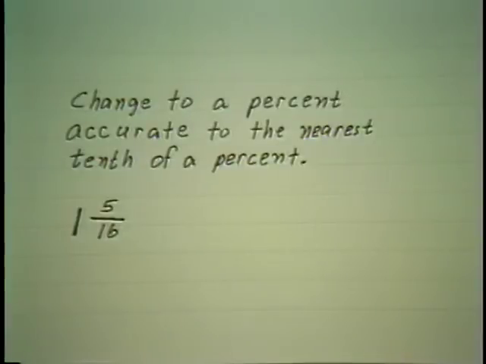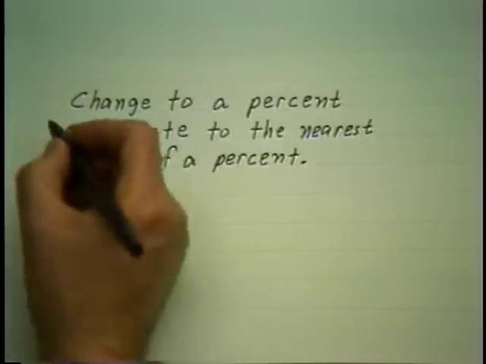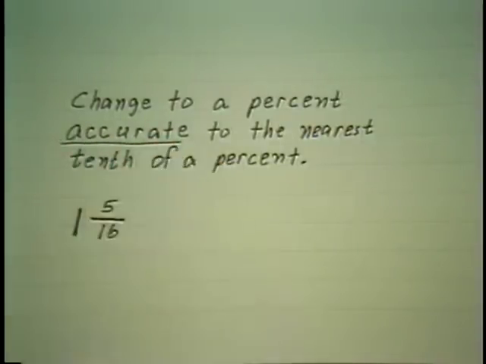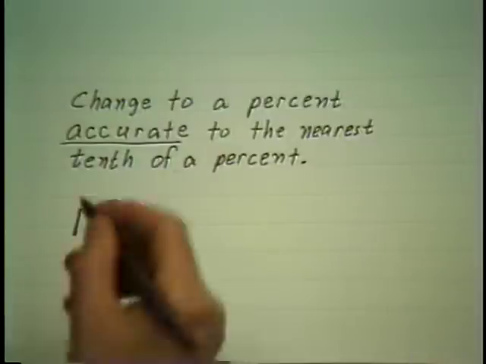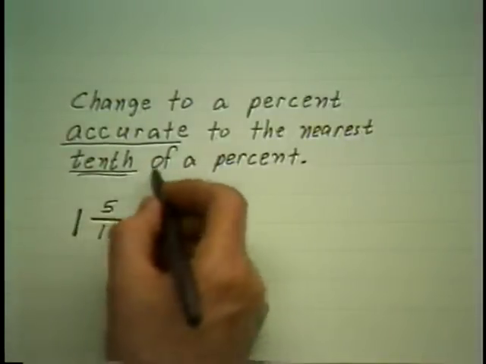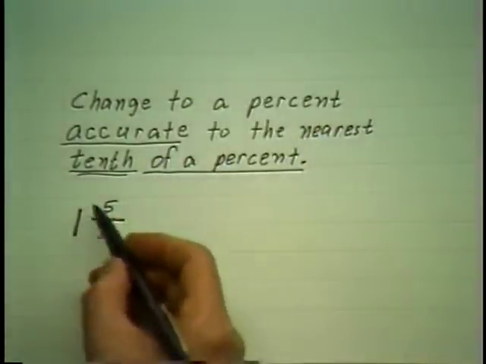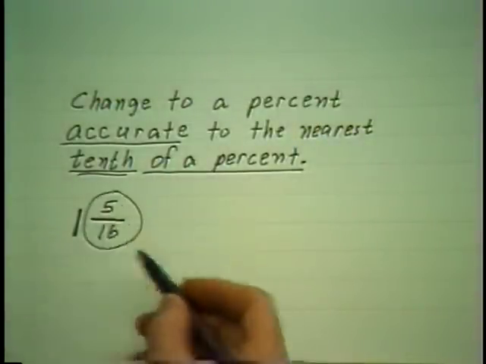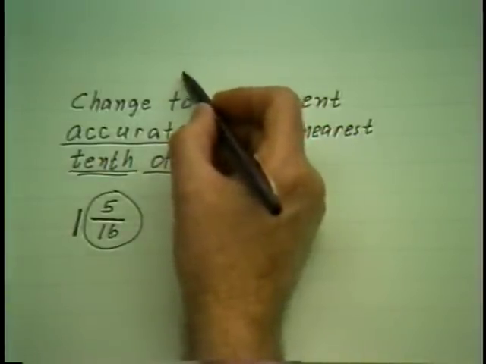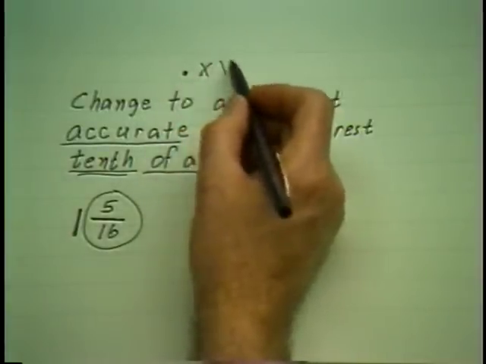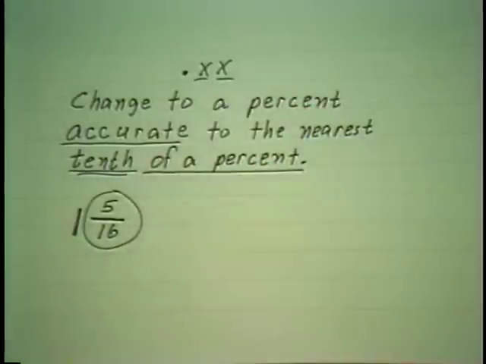Another example. Change this number to a percent accurate to the nearest tenth of a percent. The word accurate tells me I'm going to round off. It's to be accurate to the tenth of a percent. So as we divide this fraction and begin to get a decimal, I need 2 places to get to the percent.